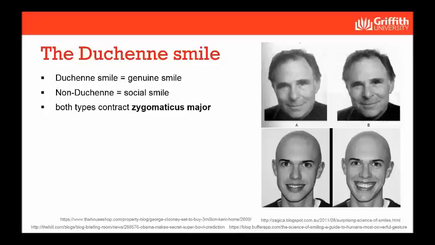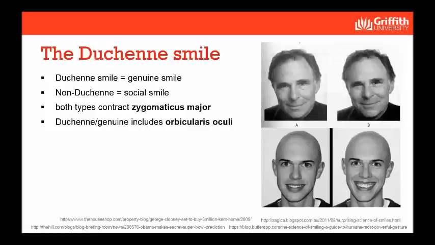While both smiles involve contraction of the zygomaticus major muscle, which raises the corners of the mouth, only the Duchenne smile involves contraction of the orbicularis oculi muscle, the squinting muscle, which raises the cheeks and forms crow's feet around the eyes, the sign of someone who is truly happy.